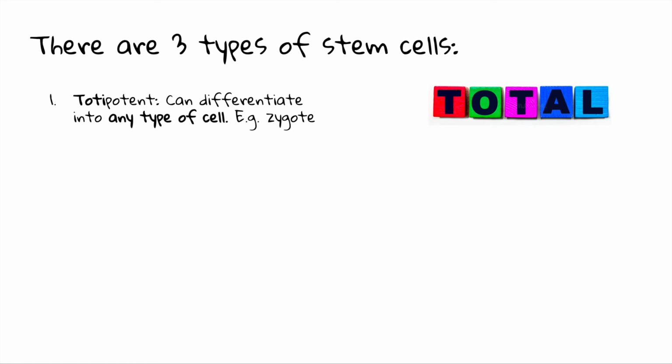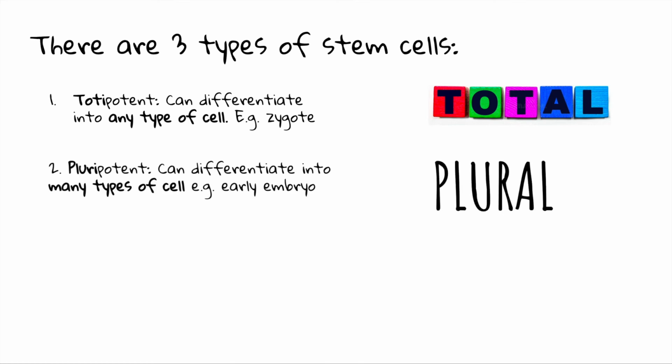It can differentiate into any type of cell in the body. There is no limit. With pluripotent, however, there is a limit to the type of cell that the stem cell can specialize into. It can differentiate into many types of cells, but not all of them. And an example of this is the early embryo.